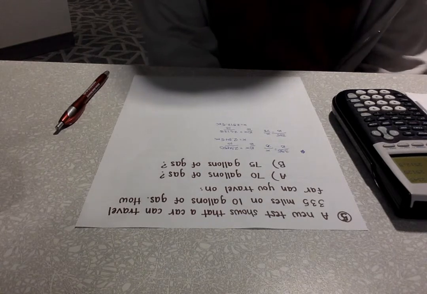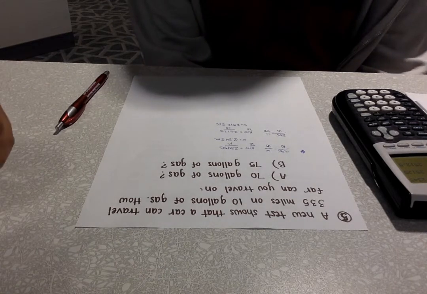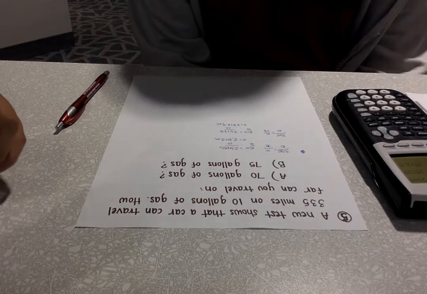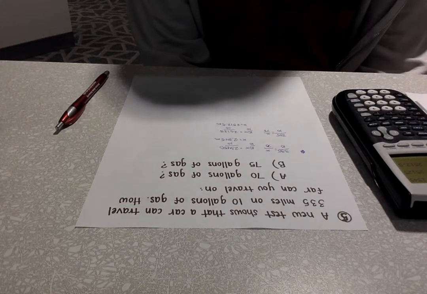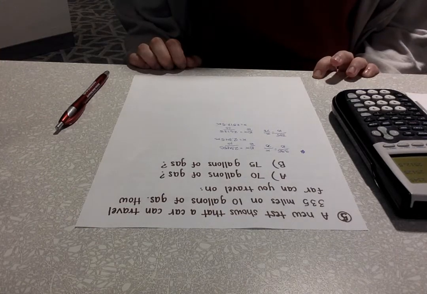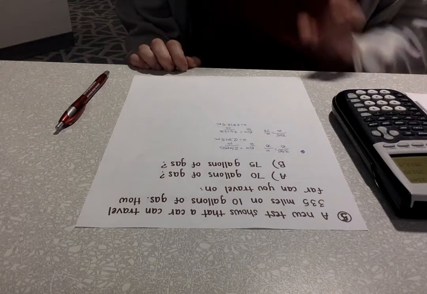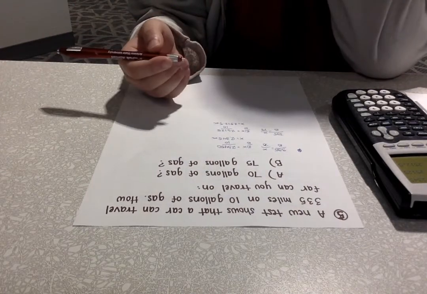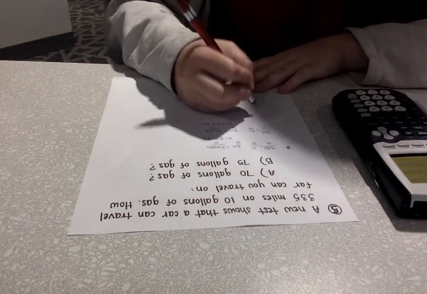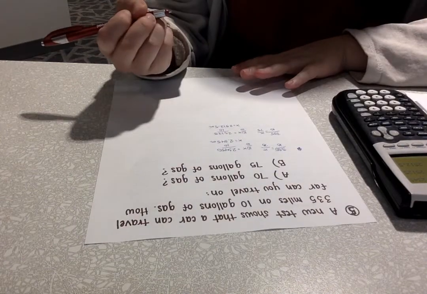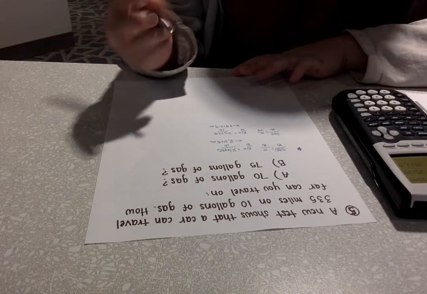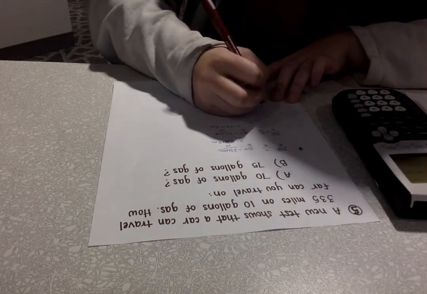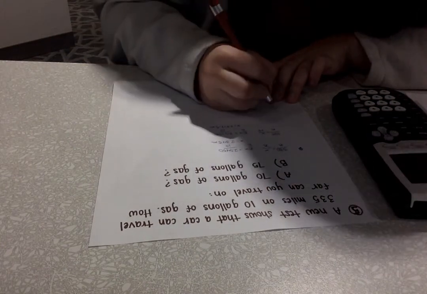Elaborate a little more about why you put the unknown value on top. I know that's how you were taught, but... Okay. Can I write it out and see the other way? Would it work the other way if you put it on the bottom, and why? I'm not really sure, so let me try it out.